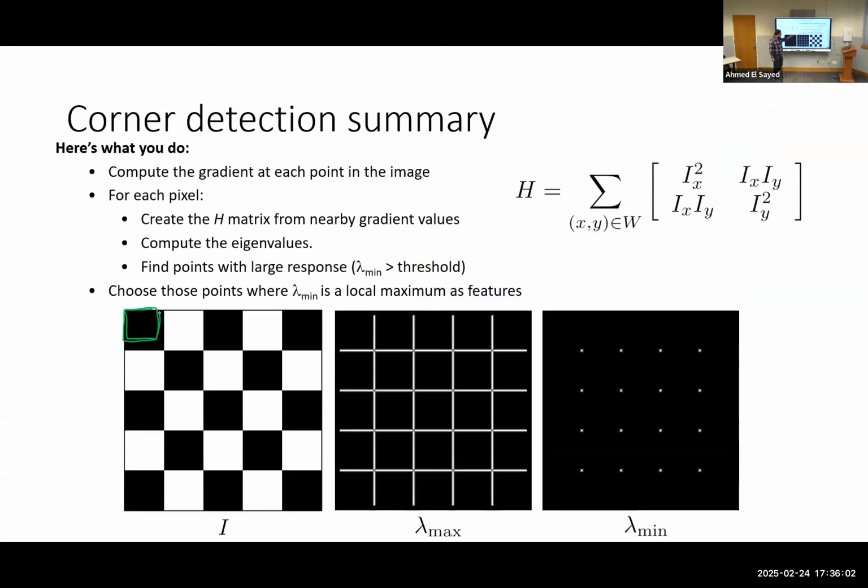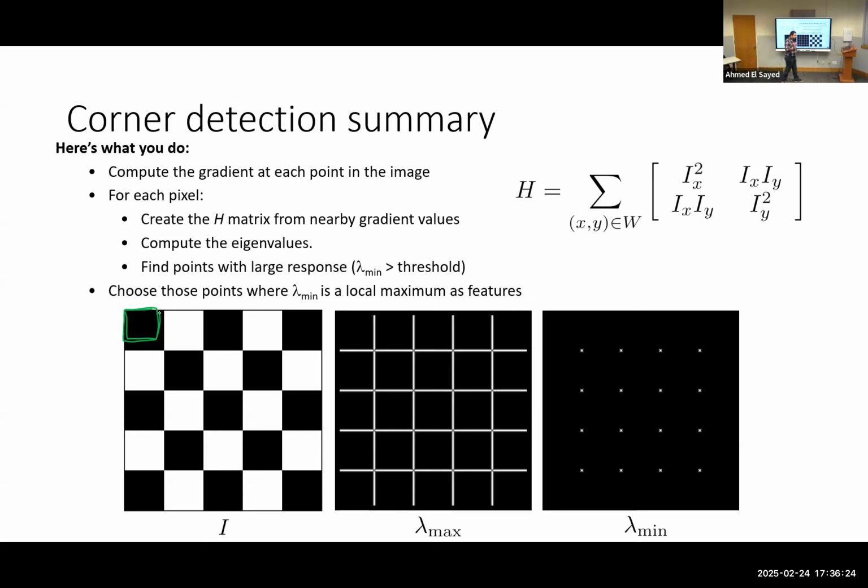For this H matrix, I'll calculate the eigenvalues and find the lambda minimum, threshold it. And if the value of the minimum is bigger than the threshold, this is a corner. Is it clear?